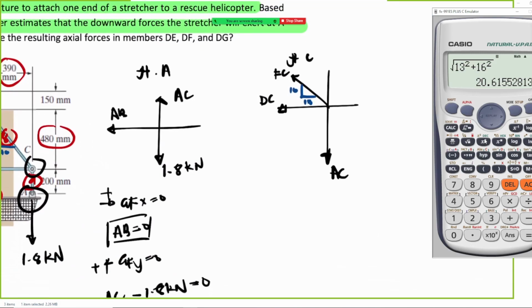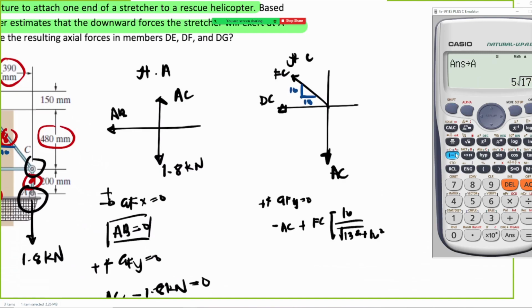Okay? Summation forces y is equal to 0, going up is positive. Negative AC, okay, plus FC times 16 over square root of 13 squared plus 16 squared, or yung nasa screen nyo. So, pwede natin tong i-store as A. Alright.